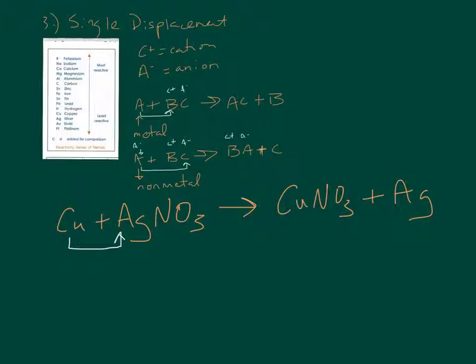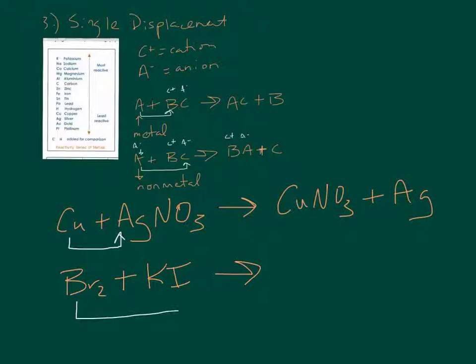So let's try another one. What if we have bromine? Since bromine is going to be by itself, it's diatomic, so it's got to be Br2 plus potassium iodide. Alright, so let's look here. Again, we need to look at bromine because it's the element by itself. What is bromine? Bromine is a nonmetal. So if it's a nonmetal, that means it's going to be the anion in the new compound.